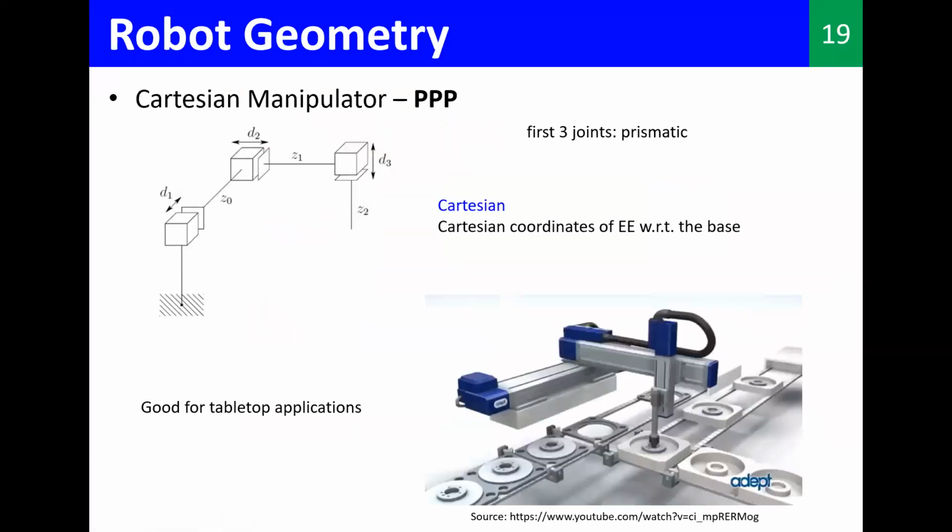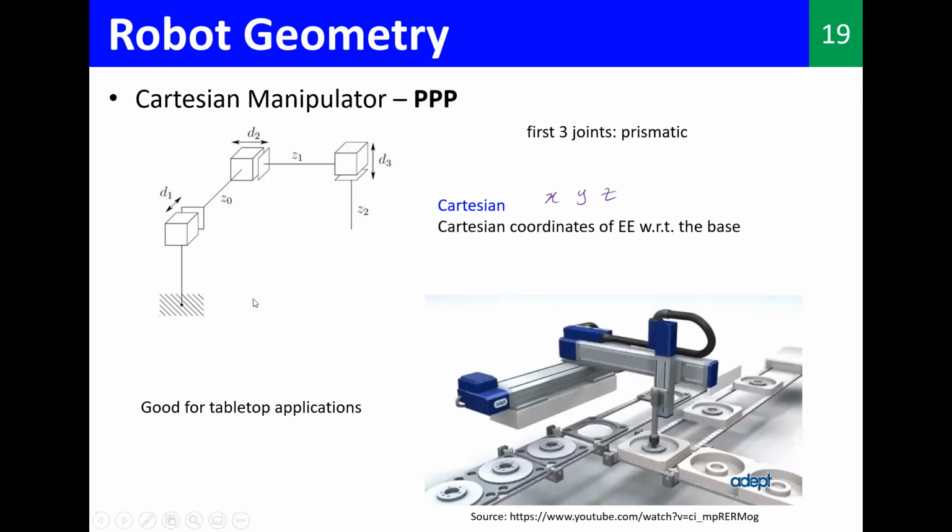So the final geometric shape we will discuss is the Cartesian manipulator, right? So it is a PPP, that is prismatic, prismatic, prismatic manipulator. And I think now you can also understand why it is called Cartesian, right? So just like we have X, Y, Z, so Cartesian coordinates.